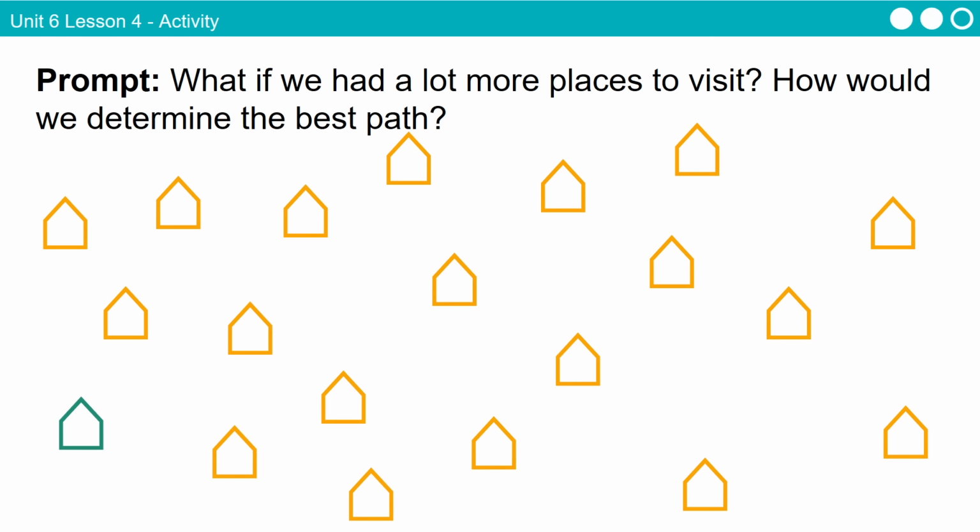But if you have a lot of places to visit, how do you determine the best way to go? This is where a heuristic is a general way. You may not get the perfect solution. You may not be able to look at every single possibility and figure out which is the best one. But you can say, well, generally speaking, if I chose the smallest one available, like if I looked at the three closest ones and chose that one, that might be the best way to do it.